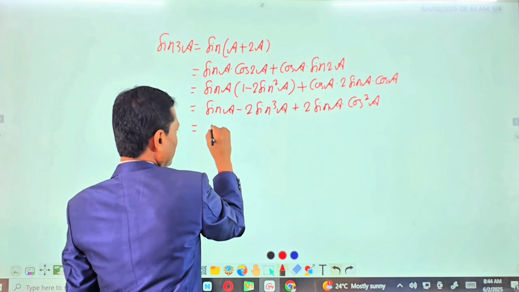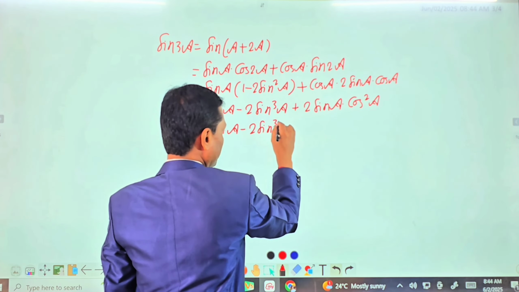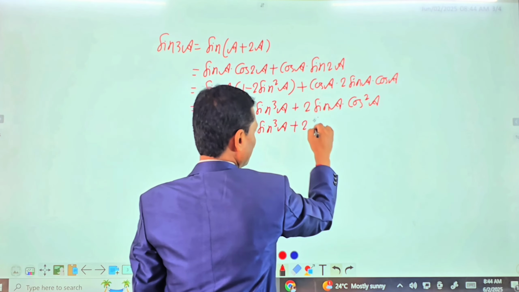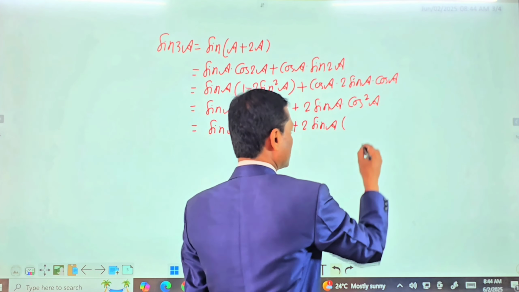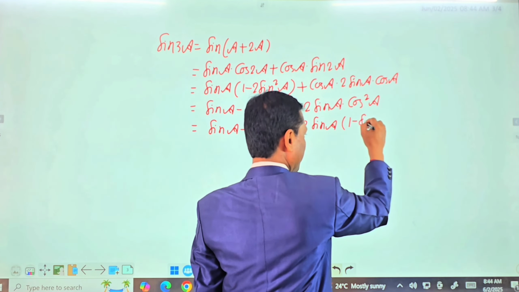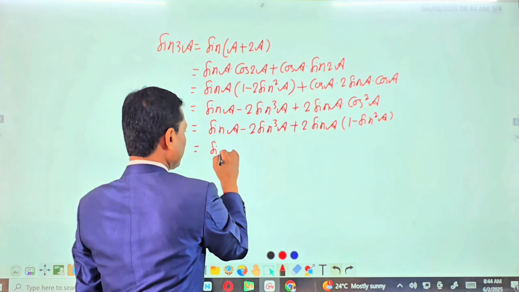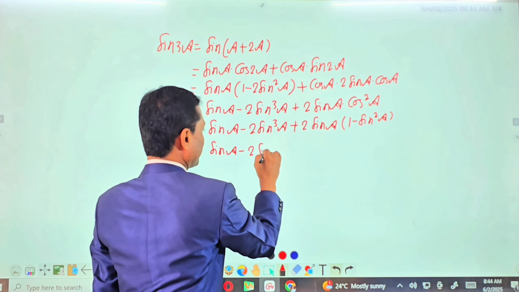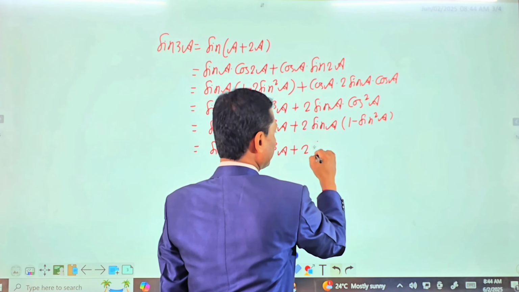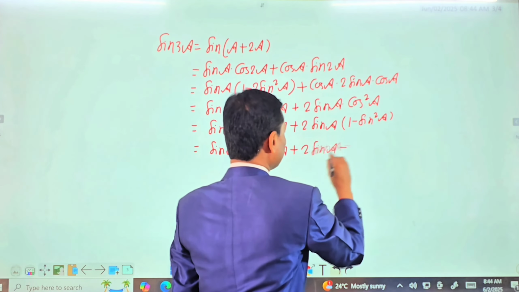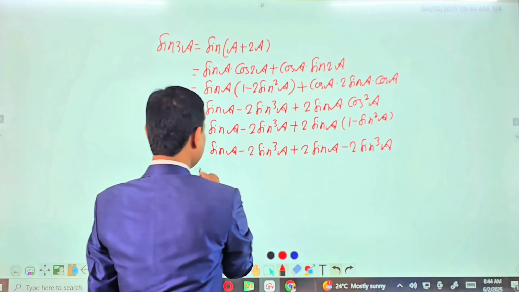Likewise, we have here sin A minus 2 sin cube A plus 2 sin A and cos square A. Cos square A in terms of sin square A, we can write 1 minus sin square A. Then we have here sin A minus 2 sin cube A plus 2 sin A into 1 means 2 sin A minus 2 sin cube A. So now have a look here.